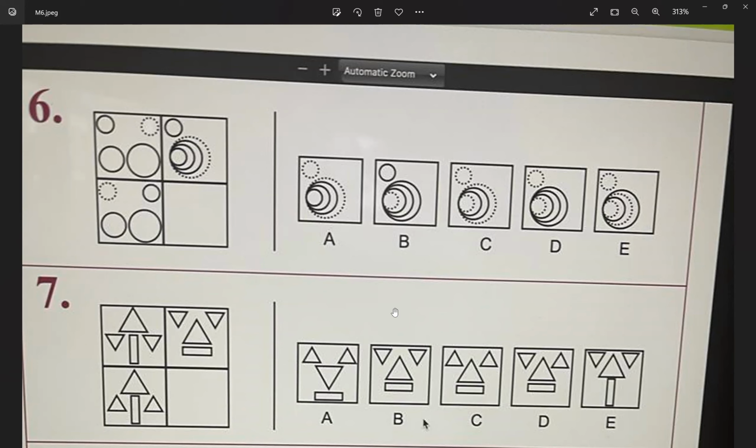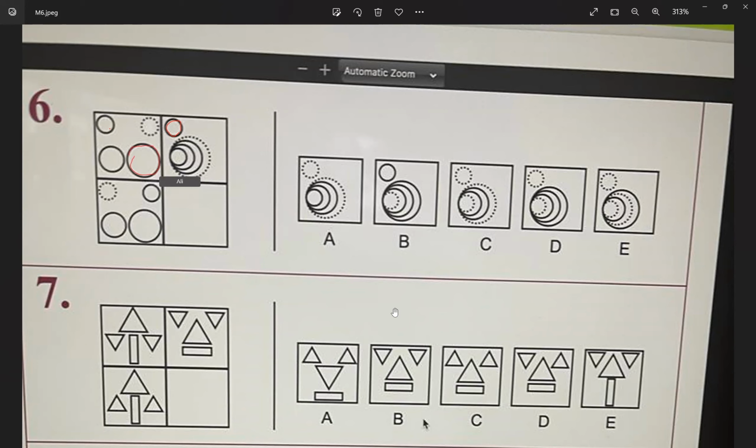Okay. So here we have circles. You have one solid medium circle that stays the exact same in both pictures. And then here you have this shape. You have one big circle, which turns dashed.